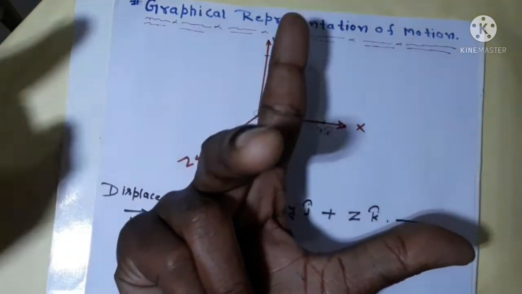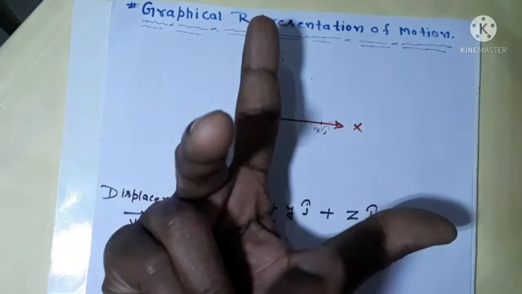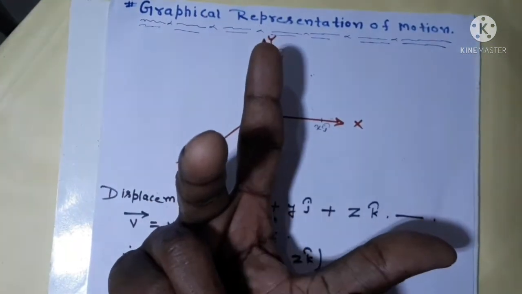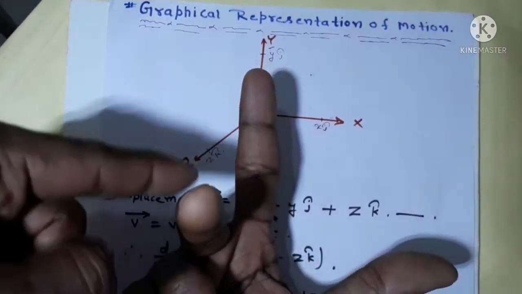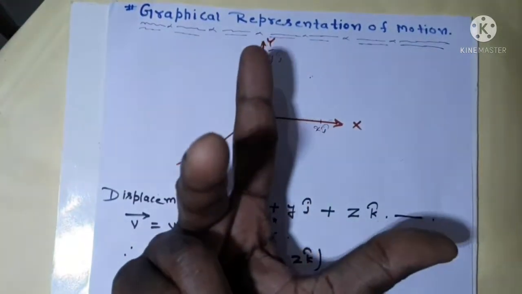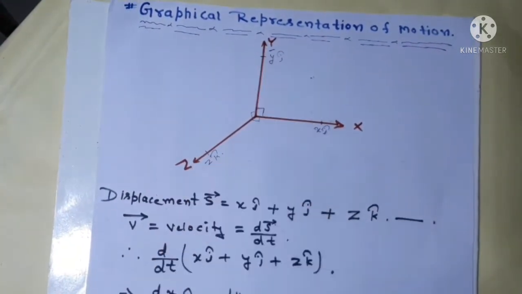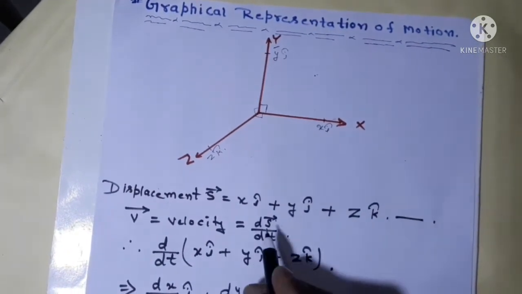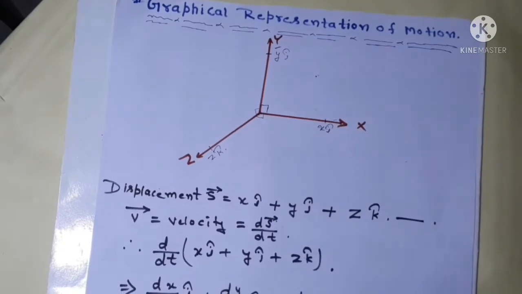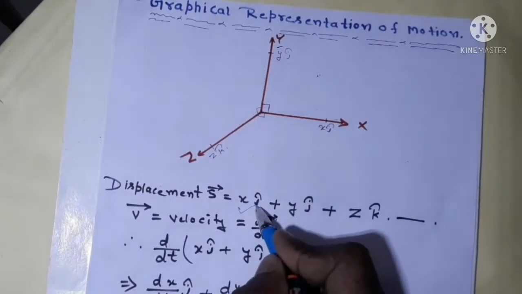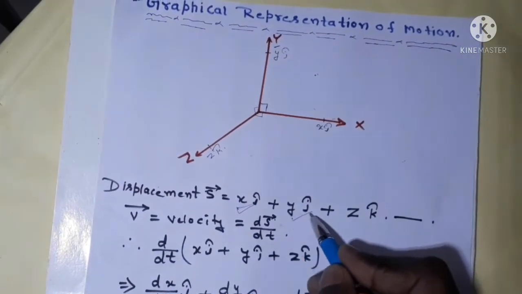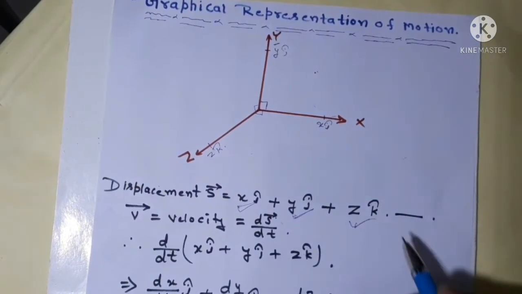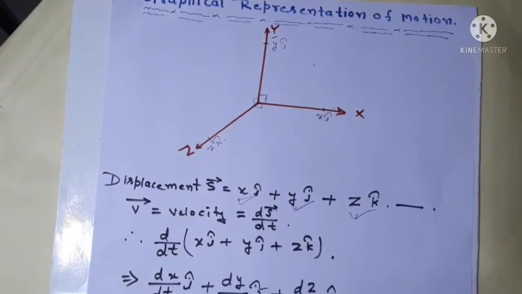This x-axis, this y-axis and this z-axis are perpendicular, and these are also perpendicular and these are also perpendicular. This is like a structure. Now displacement can be written as the displacement of x-axis point and y-axis point and z-axis point.